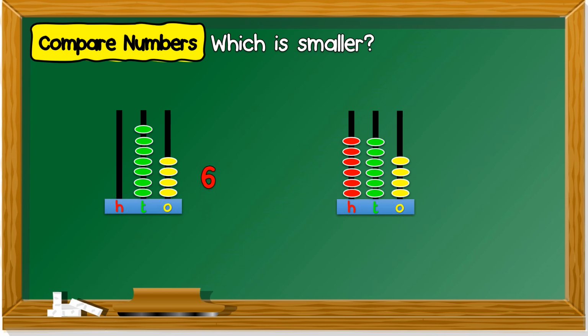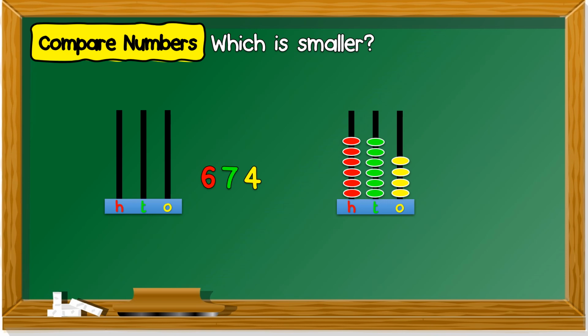Okay, how about tens? 1, 2, 3, 4, 5, 6, 7. Beads of ones. 1, 2, 3, 4. So this is 674.